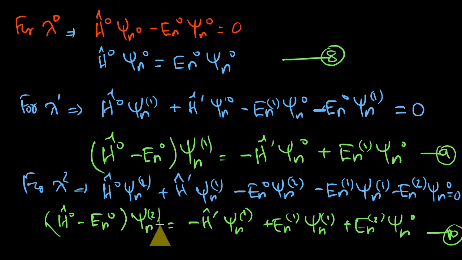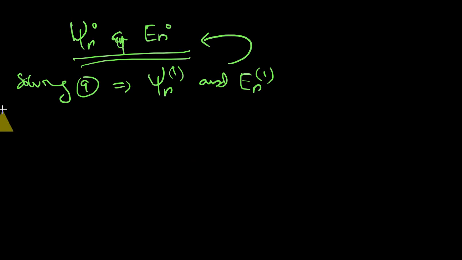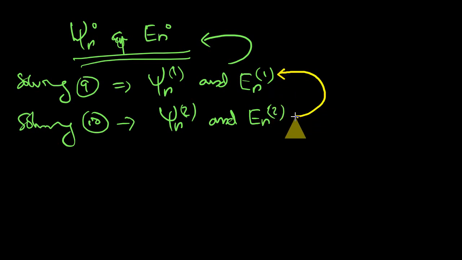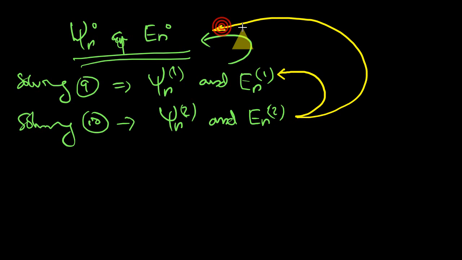By solving equation number 10, you get the expression for psi n2 and en2, but in terms of what? In terms of psi n1 and en1 and psi n0 and en0.